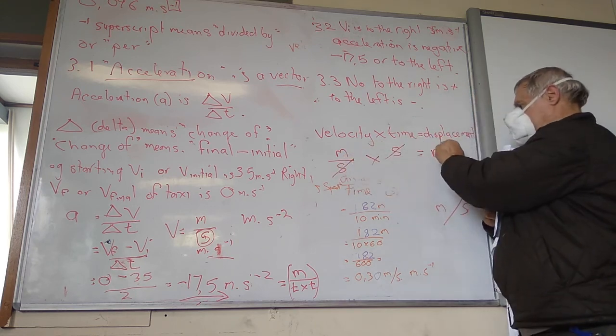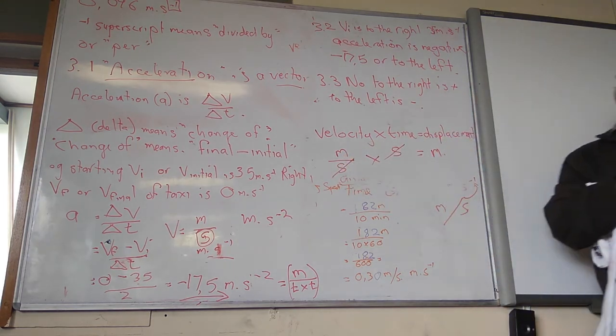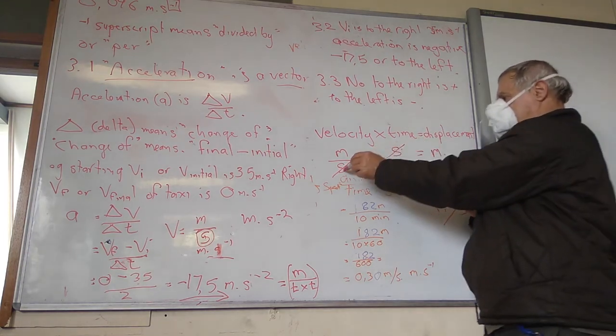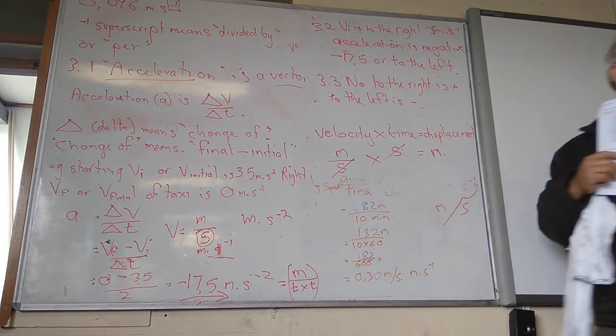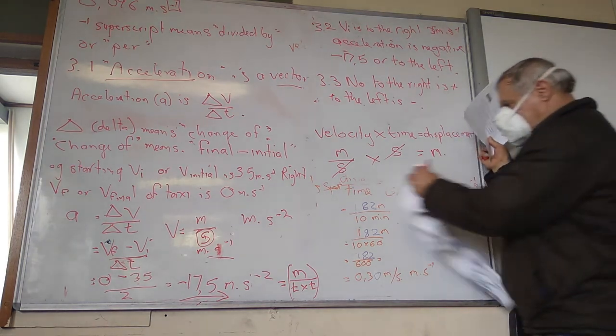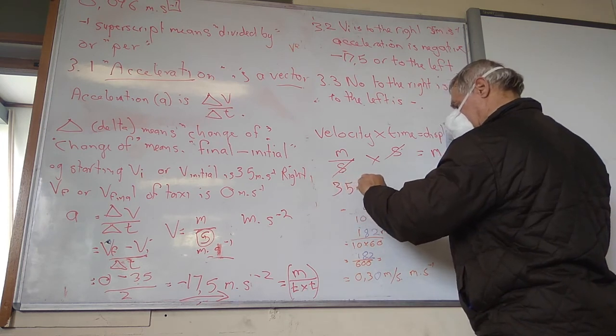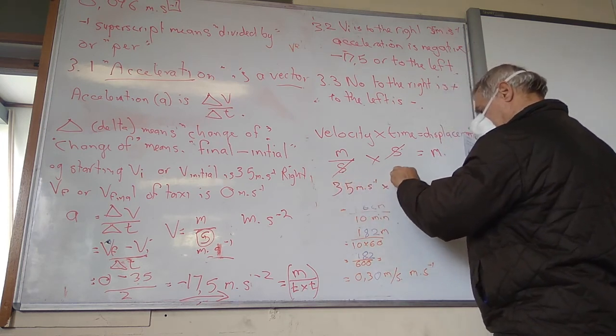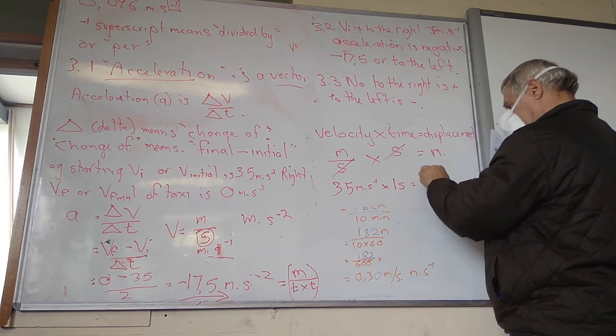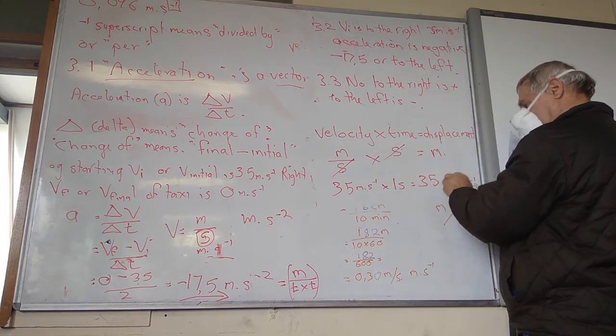The time cancels out top and bottom and leaves you with just meters. And then let's prove it. What's his velocity? 35 meters per second times 1 second equals 35 meters. And that gets you your 4 marks.